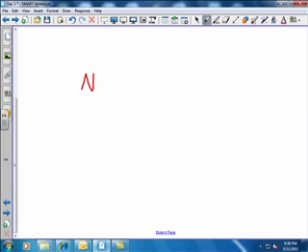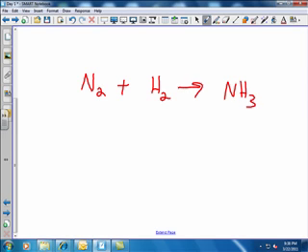Let's look at N2 plus H2 yields NH3. Okay, as I first look at this, I look at my nitrogens. I have 2 on one side, and I only have 1 on the other. So my first instinct is going to be to put a 2 over here. Now that balances those.